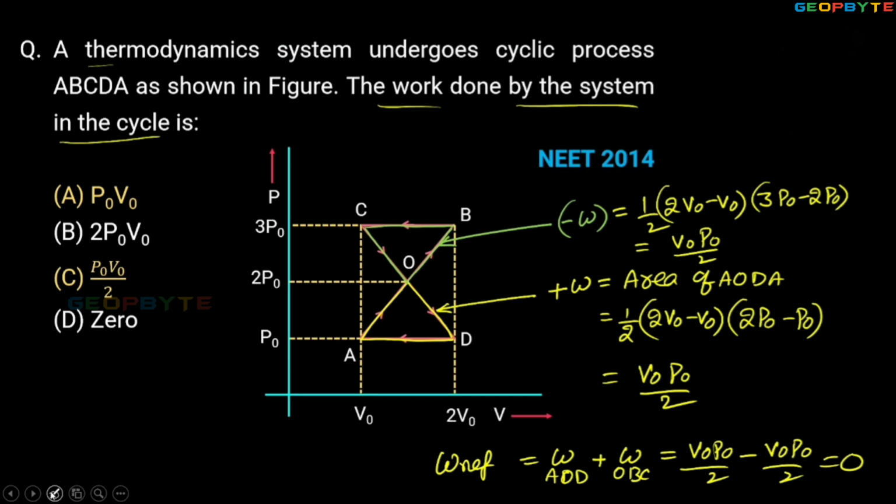They are identical triangles, but one triangle is in the clockwise direction, the other in the anti-clockwise direction. Net work equal to 0. Option D is absolutely correct.